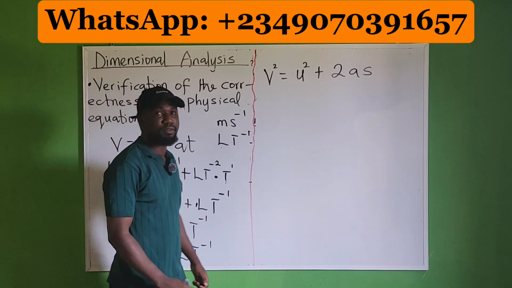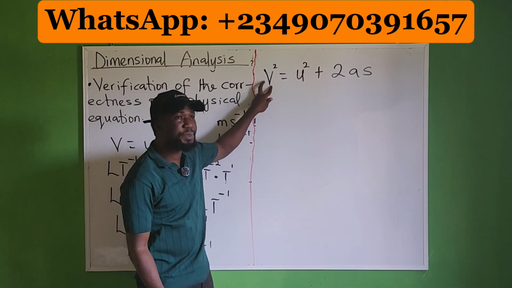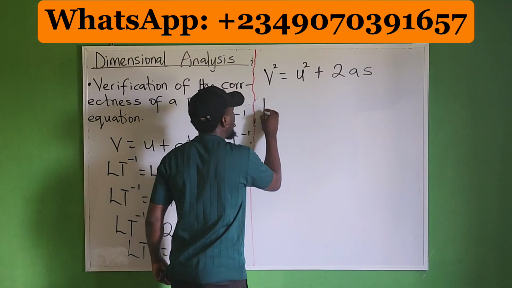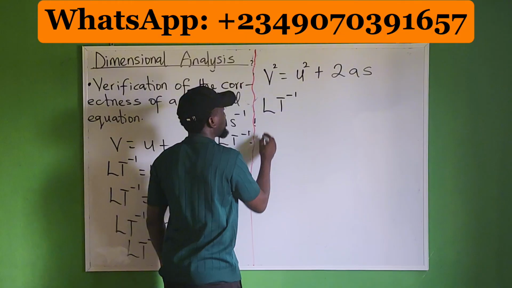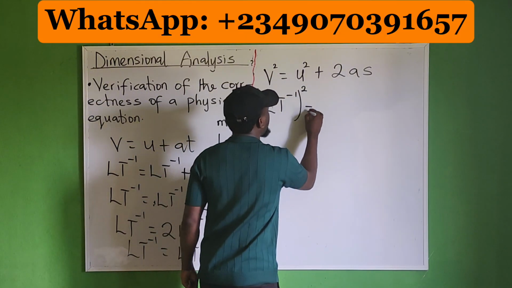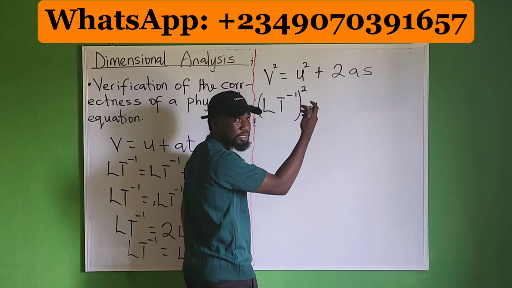So let's say we have V squared equals U squared plus 2AS. For this, V, which is velocity, what is the dimension? That is LT^-1, all squared. So equals, this U is velocity as well.